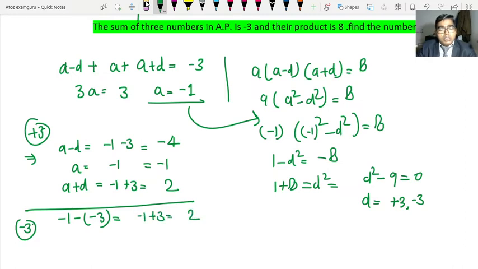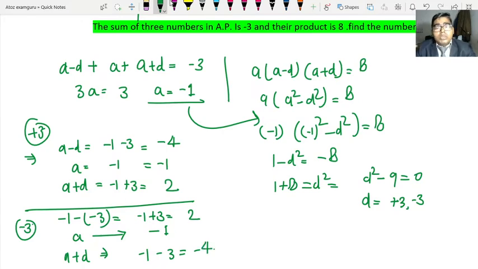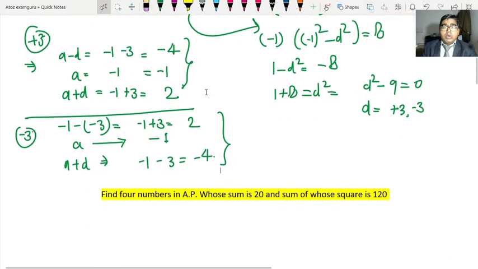And a will remain the same, minus 1. For a plus d, it is minus 1 minus 3, so this will become minus 4, right friends? So this is the solution set, and I hope you have understood this very well. Now move to the next question.